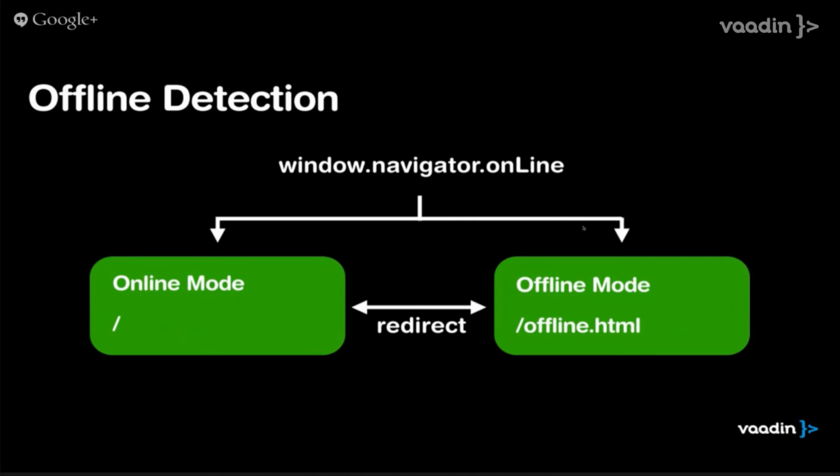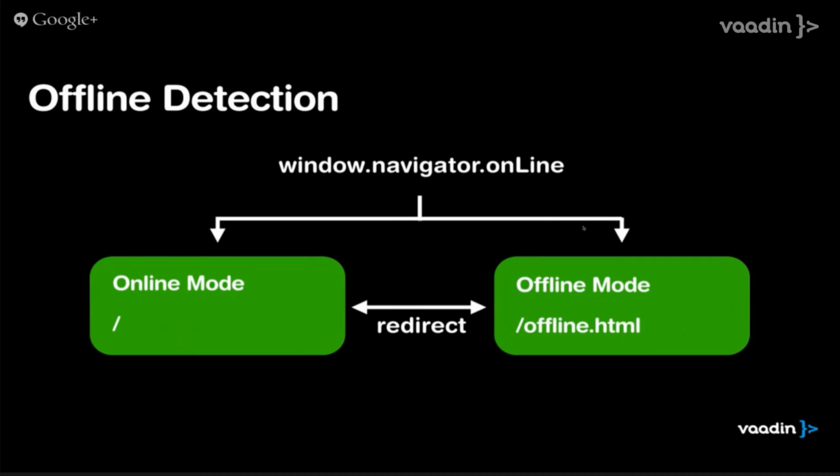In this example, in the beginning, when we are loading the application, we look whether we are online or offline and redirect to the correct URL for online mode or offline mode. And afterwards, we can listen for changes on this online status and redirect to the correct URL, or do this switch manually just by typing a new URL over there.